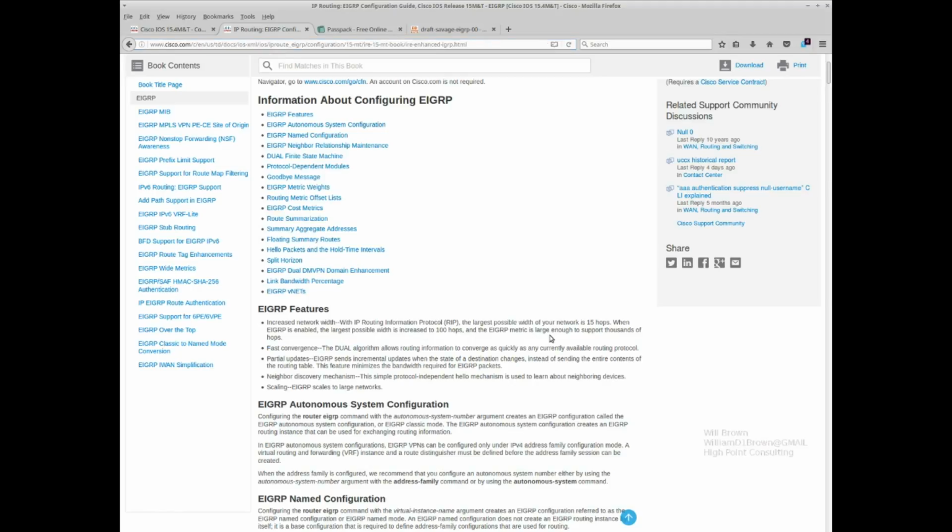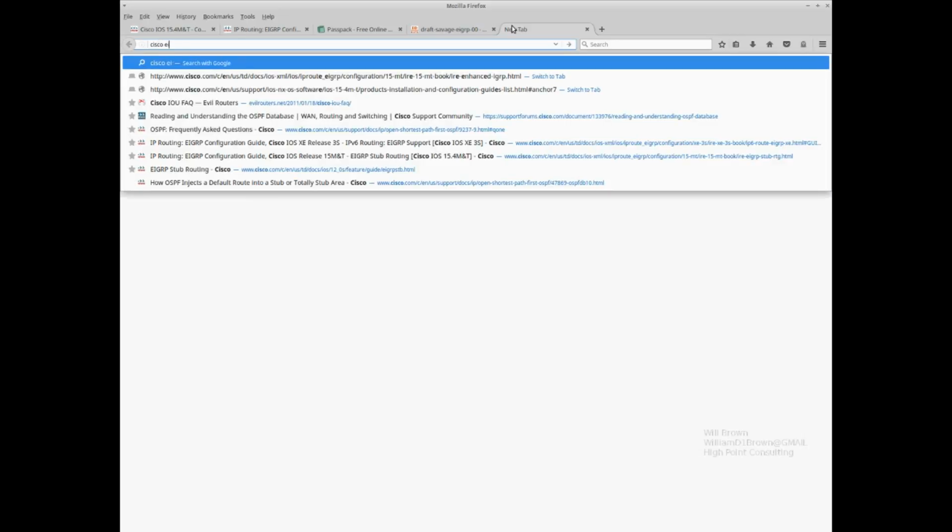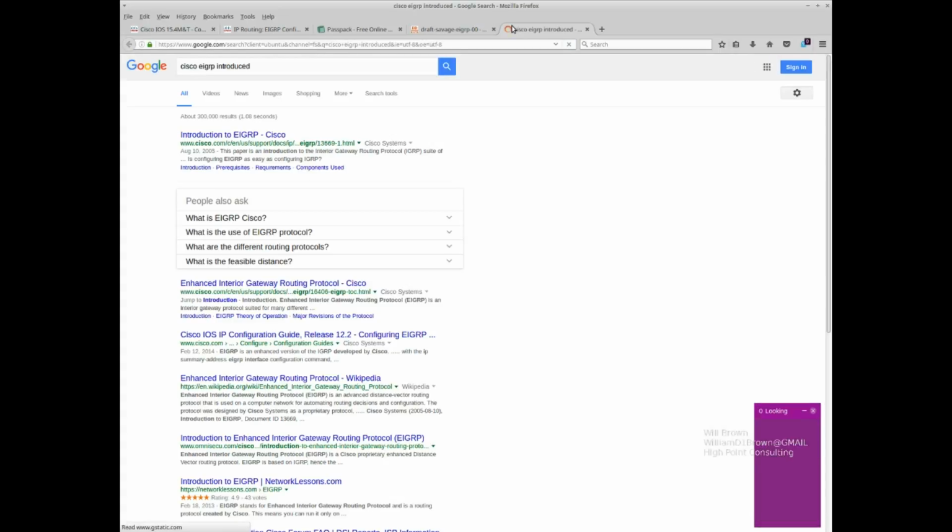Fast convergence. I remember my very first Cisco training class. Before there was EIGRP, which stands for Enhanced Interior Gateway Routing Protocol, there was IGRP. Let's just see what Wikipedia tells me.